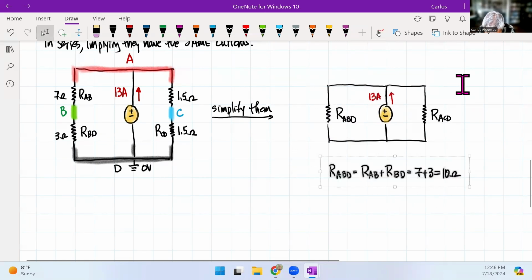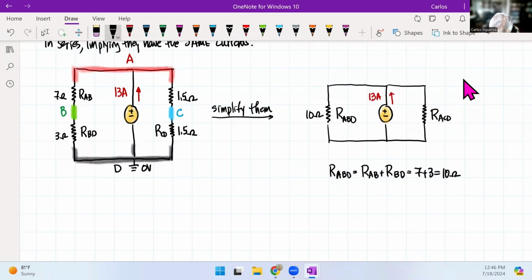So with that being said, I know that this guy is a 10 ohm resistor. Now, if I look at resistor RACD, this is the same as the resistance between AC plus CD. So I get 1.5 plus 1.5. That's going to give me 3 ohms. So I know that this guy is 3 ohms.